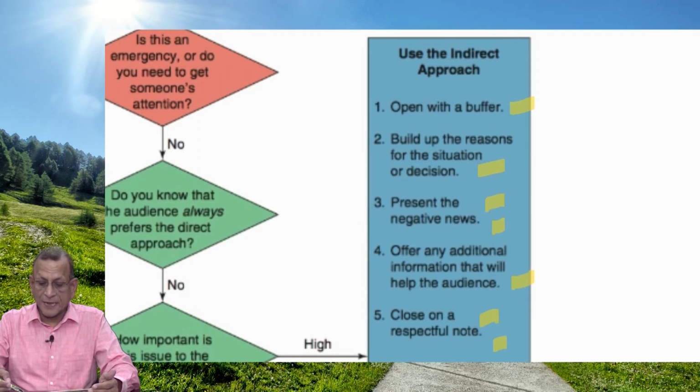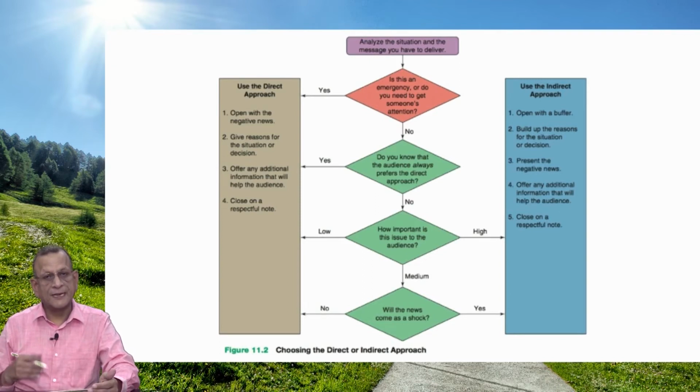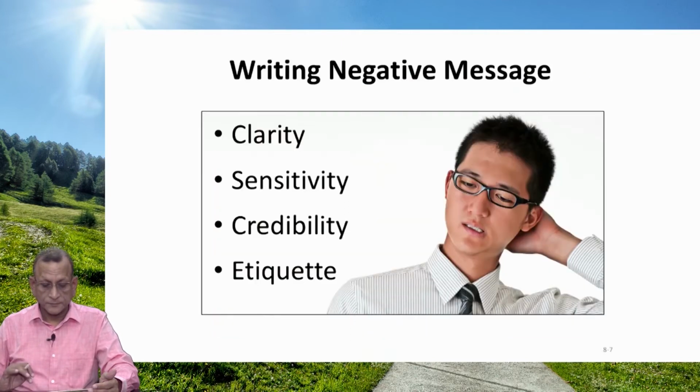So friends, in this manner we have two approaches, direct and indirect, and we know when should we go for the direct approach, when should we go for indirect approach, and what are the steps in each case and what we are supposed to do.